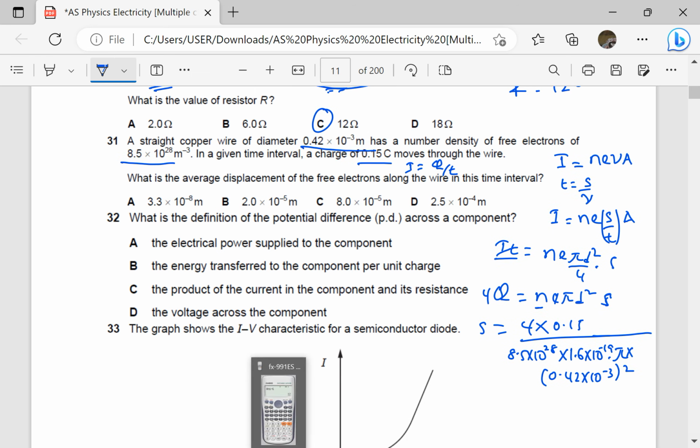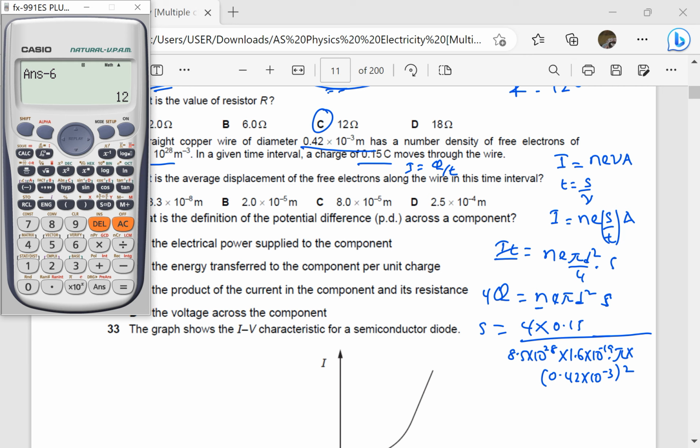So let's press our calculator. I'll begin by simplifying the denominator. 8.5 exponent 28 times 1.6 exponent negative 19 times pi times 0.42 exponent negative 3 squared.